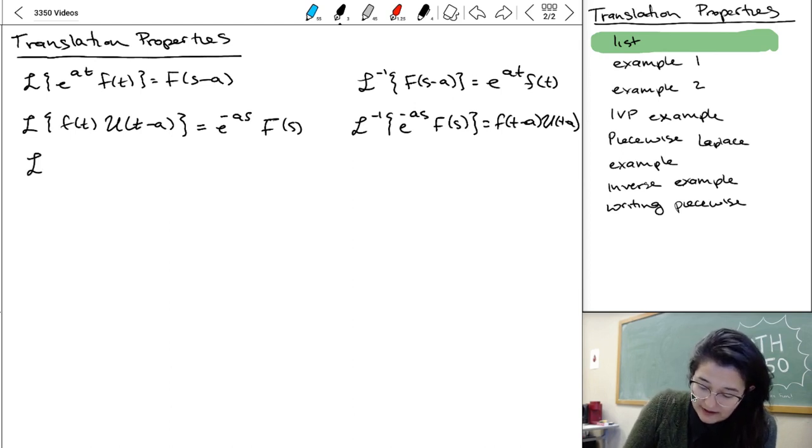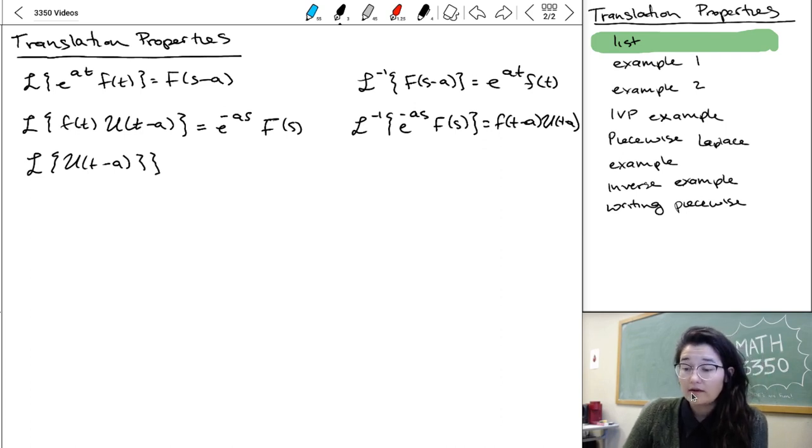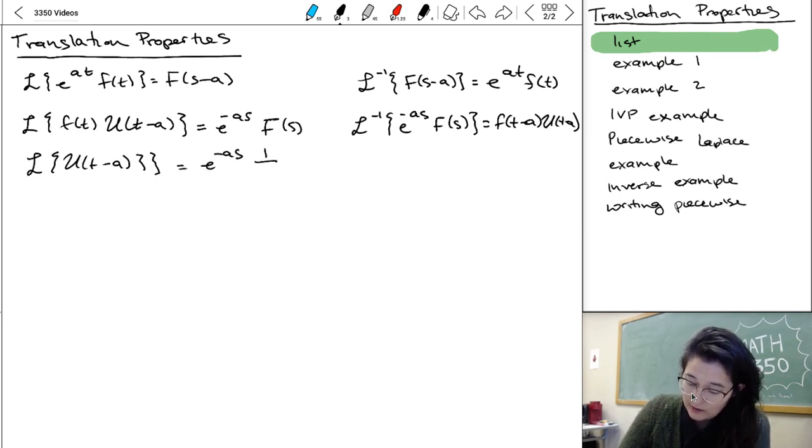And then Laplace of just u of t minus a itself is the case where little f is 1, so capital F is 1 over s. So it's just going to be e to the minus as times 1 over s.